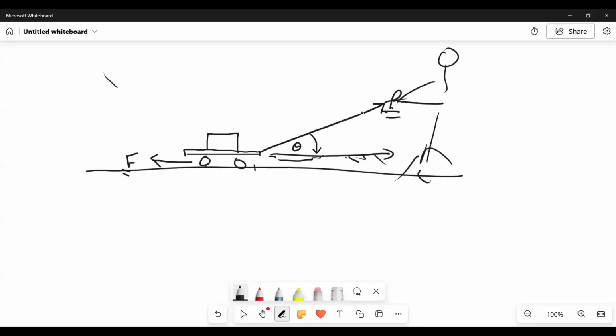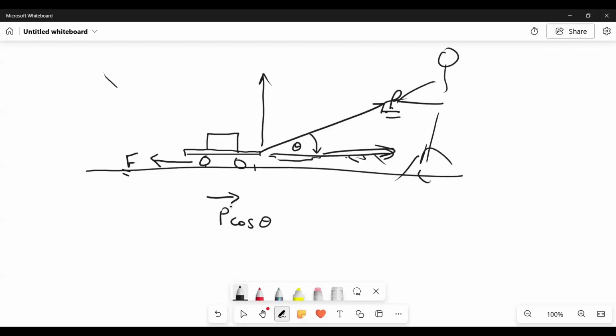I could break this force up into a vertical component as well as a horizontal component, right? For this problem, I'm going to stick with the horizontal component. So the horizontal component is equal to P cos theta.